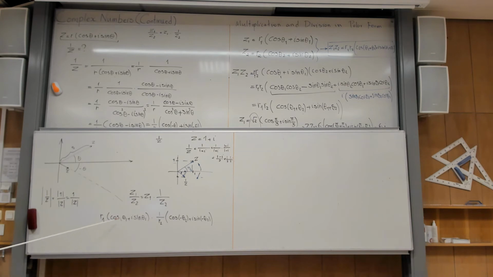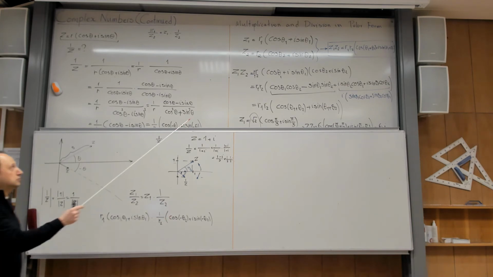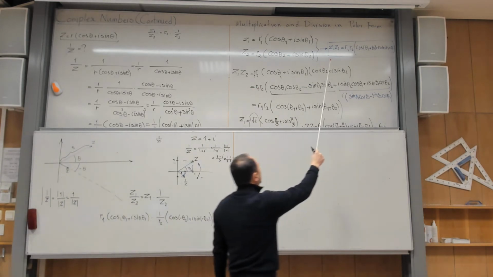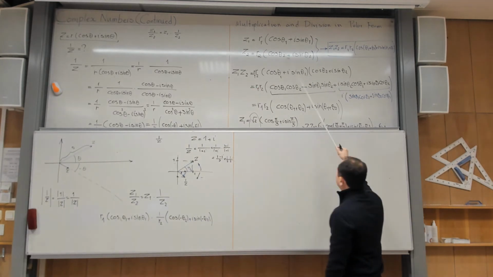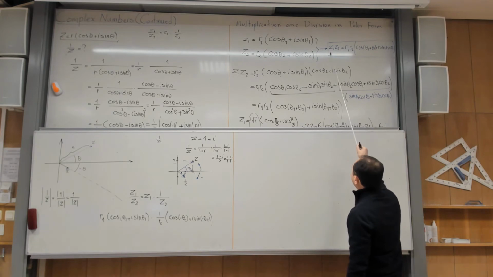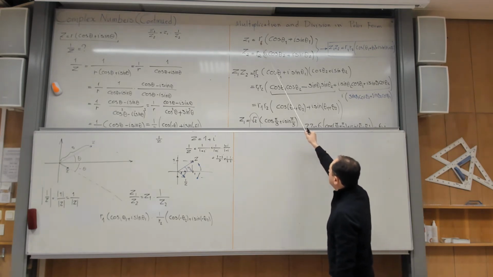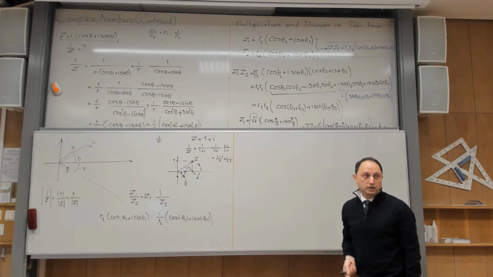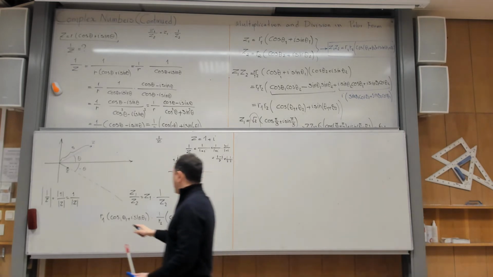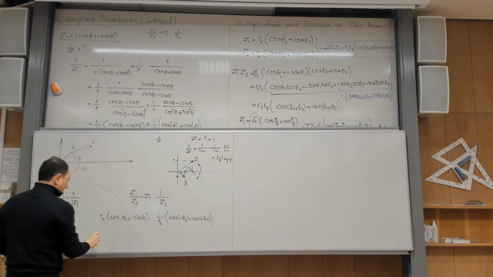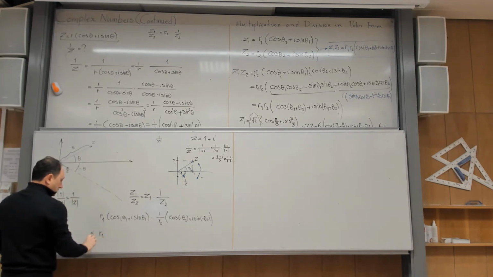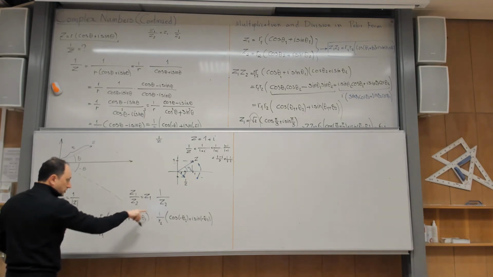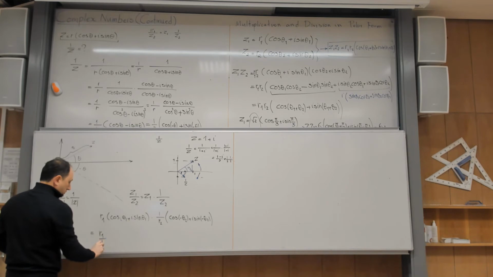And now, instead of dividing, I am again multiplying. But we learned the rule of multiplication, yes? We learned that if I have two complex numbers in the polar form and I want to multiply them, just multiply these numbers and then add the angles. Yes, I will do the same. So I will multiply these numbers, which becomes R1 times 1 over R2.